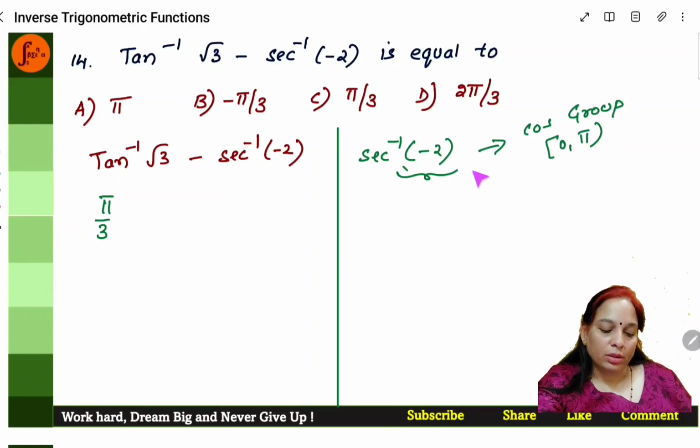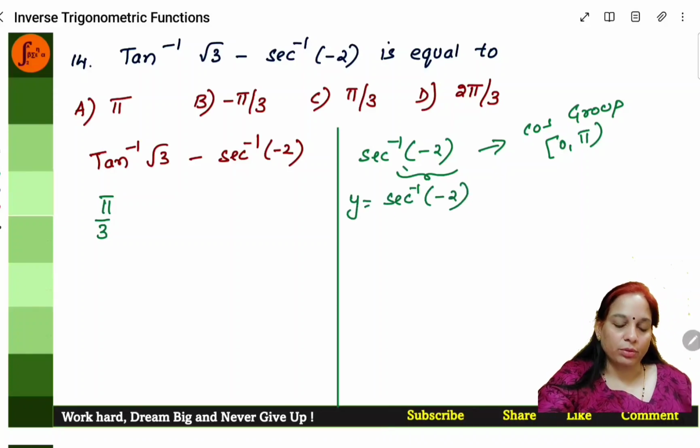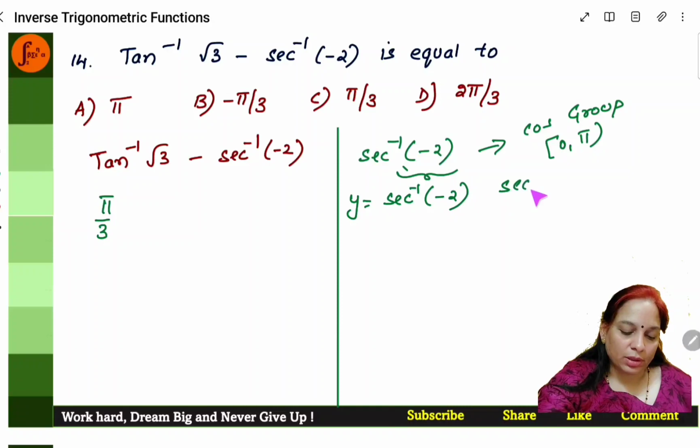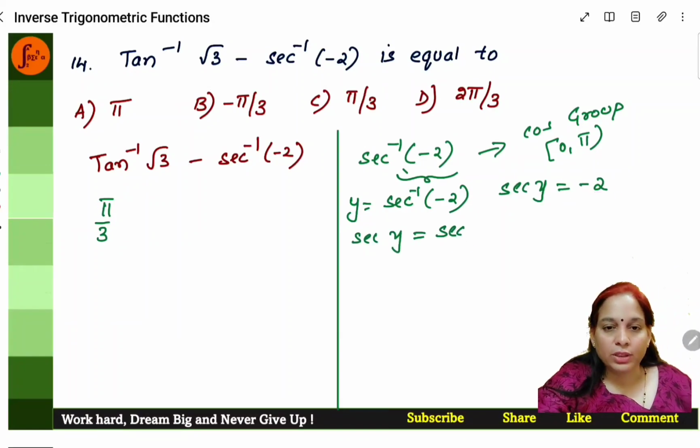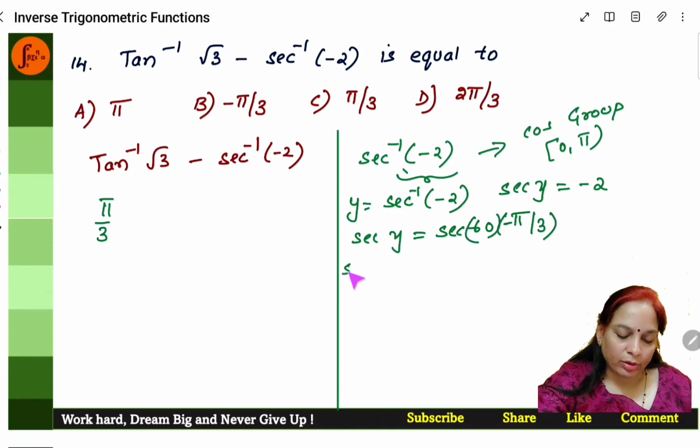If it's negative, you have to subtract from pi. So y is equal to secant inverse of minus 2, which means secant y is minus 2. 2 is nothing but secant 60 degree. 60 degree is pi by 3. Notice there is minus here, so we'll have to subtract from pi.